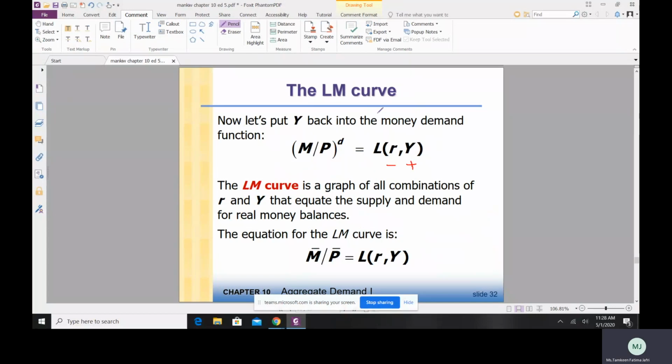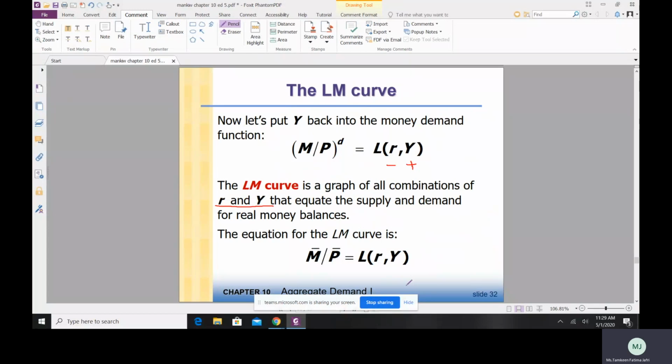So from this equation you can see very clearly that the LM curve shows the combination of R and Y that equates supply and demand of real money balance. So the equation for the LM curve is as follows. We are saying that the LM curve represents money market equilibrium.